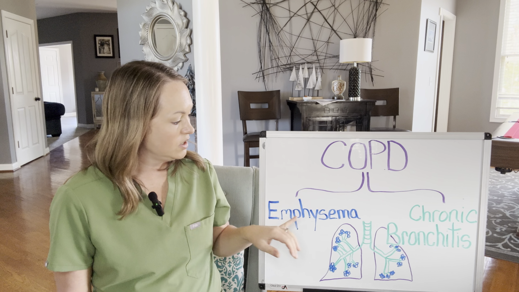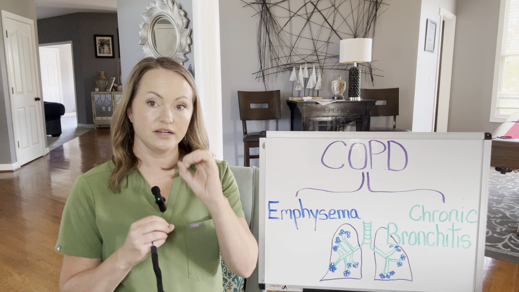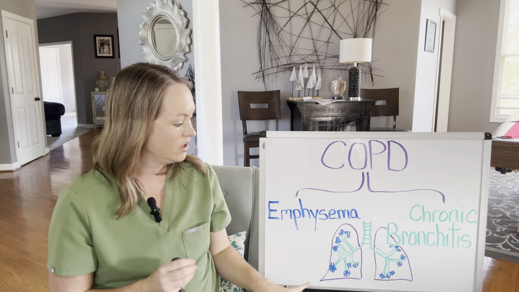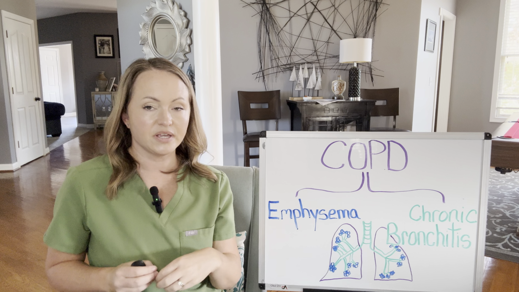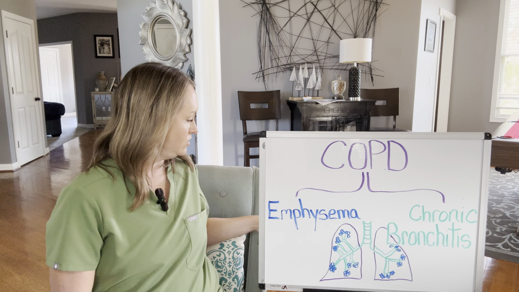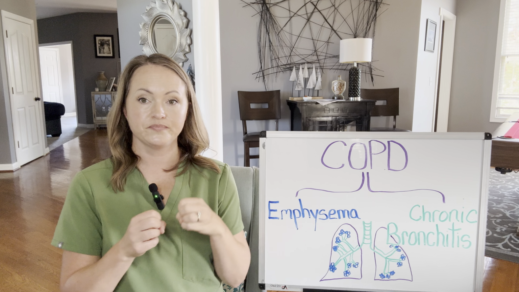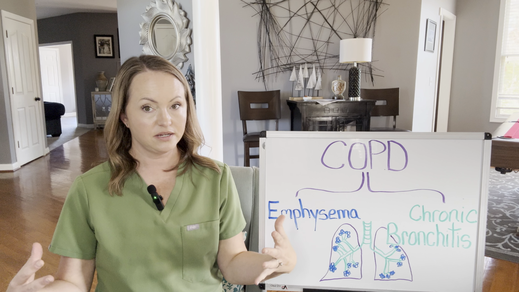Emphysema affects what are called alveoli, and they look like little grapes clustered together, at the end of all of the bronchial tubes. And these alveoli, I'm going to try to show you here. When a person breathes in, they expand. That's why you see your lungs expand when you breathe in.